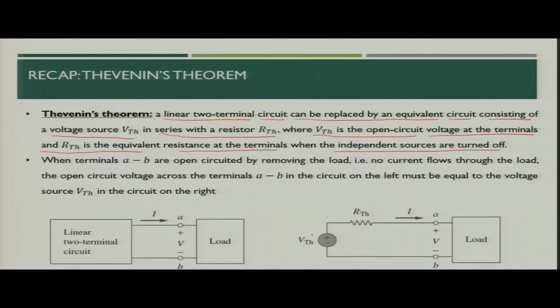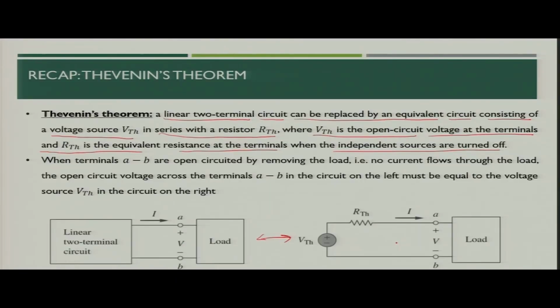The voltage is the Thevenin voltage and the resistance is the Thevenin resistance, and the V-I characteristic across terminals A and B will be the same in both cases. So, both circuits are equivalent because their V-I characteristics are the same.